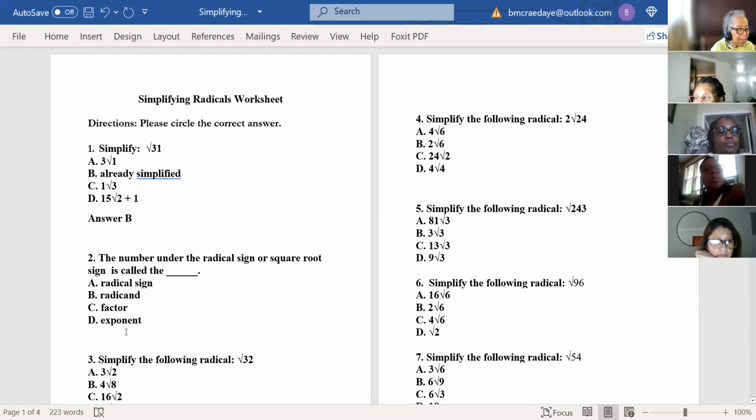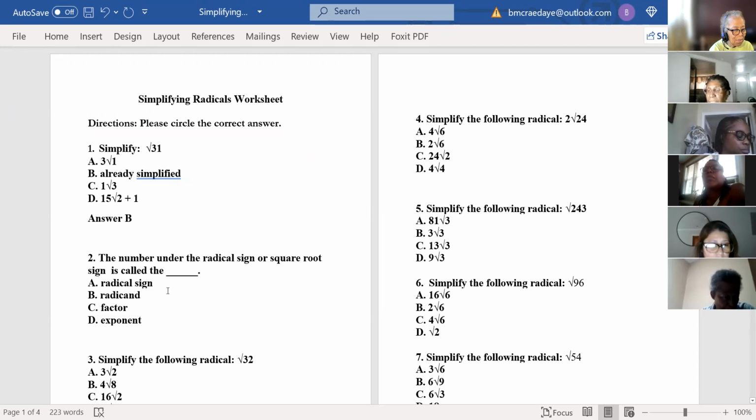What do we call that number? Which one of these, Chastity? A, B, C, or D? I'm not sure. Is it a factor? Is it B? It is B. That's correct.